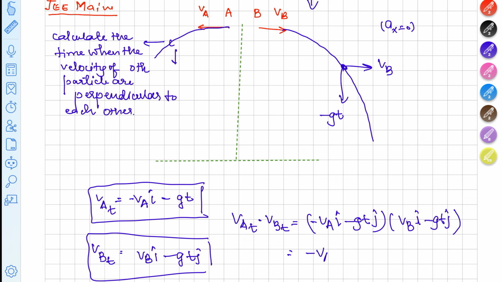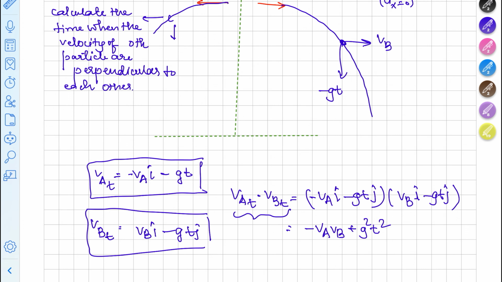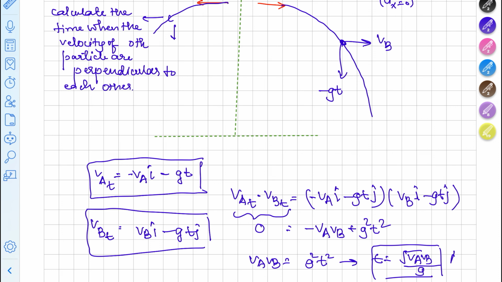When you take the dot product, you get minus VA VB plus g square t square, and if both are perpendicular to each other, the dot product should be 0. Equating, VA VB is equal to g square t square. From here, t is equal to root of VA VB by g. This is the answer. That's all.